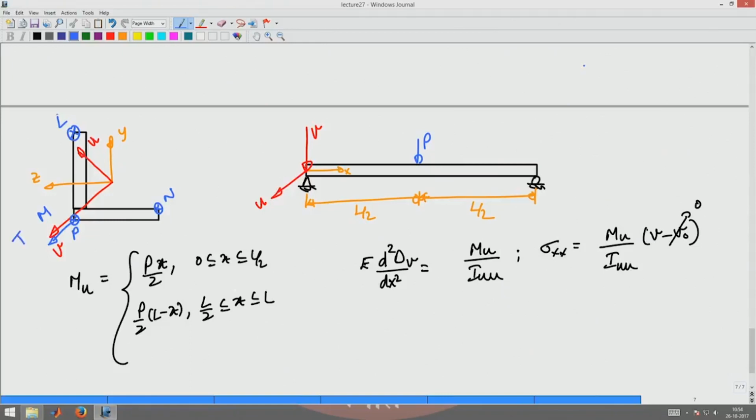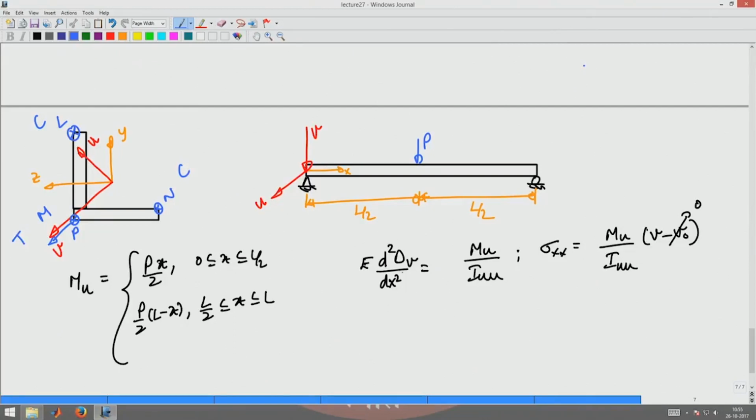Okay. L would be in compression. So thus N also will be in compression because the point N is above the U axis. It's in the negative V direction. Okay. So basically from here you conclude that L and N are in compression and M is in tension in this case. Okay.